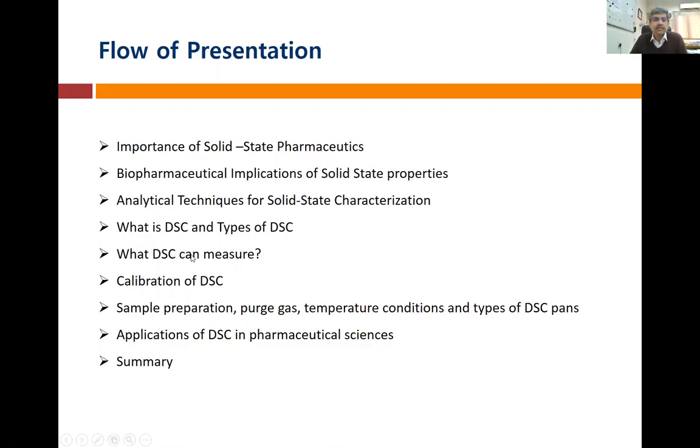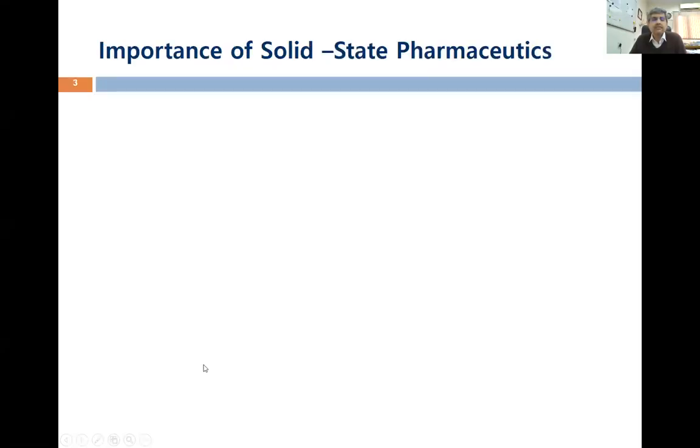What DSC can measure? The calibration of the equipment, sample preparation related parameters, applications of DSC in the pharmaceutical sciences, and finally we'll talk about the summary so that we can understand in a nutshell what are the applications of DSC in the field of pharmaceuticals.